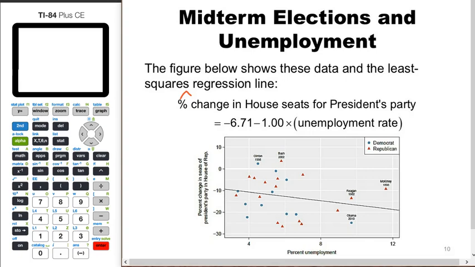This is an extrapolation, so don't put a whole lot of faith in that number. The other one, the -1, basically says that for every percent increase in unemployment, the President's Party loses an average of 1% in the House. Maybe sometimes more, sometimes less, but on average, every 1% increase in unemployment is associated with a 1% decrease for the President's Party in the House of Representatives.